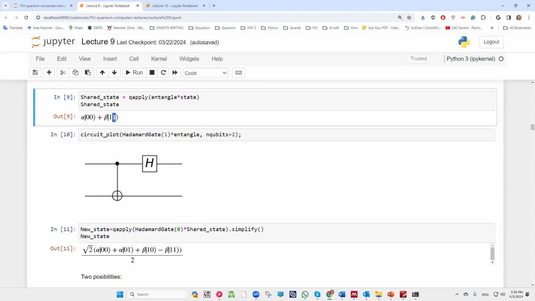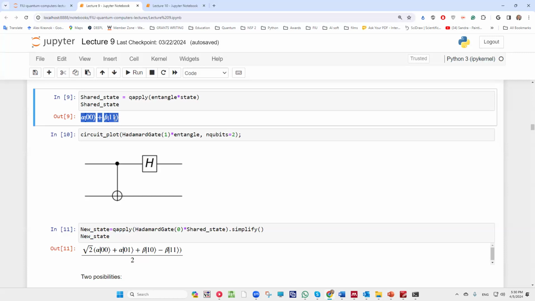Likewise, if the first qubit was in the state 1, Bob's qubit also will be in the state 1. So somehow Alice can control the probability distribution of the qubit at Bob's side, regardless of the distance between Alice and Bob.